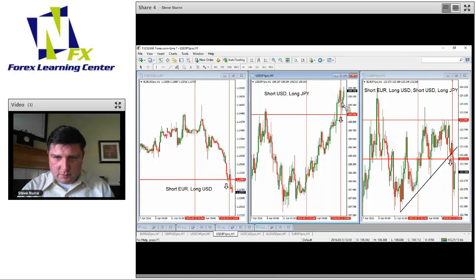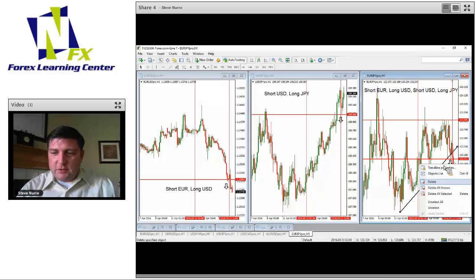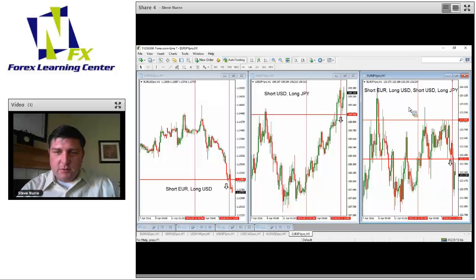I'll just go here. So you see all this movement in here where it's just whipsawing back and forth, going sideways here on euro yen. Well, what caused that sideways type of market action? Here, I'll take off this trend line so you don't get confused.